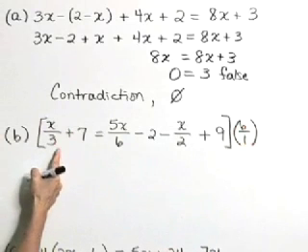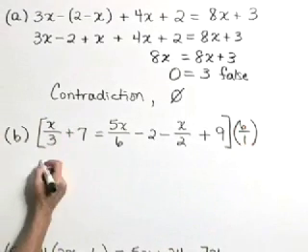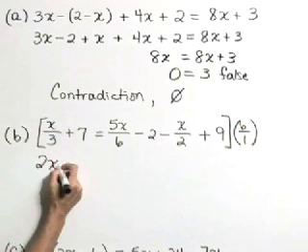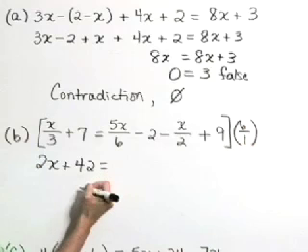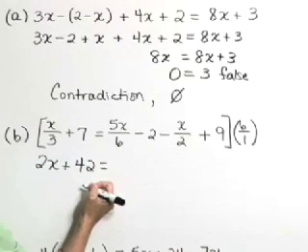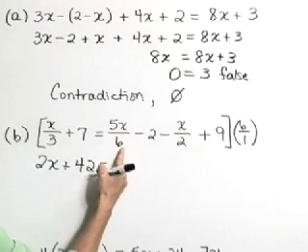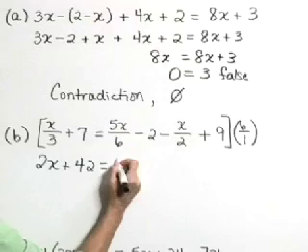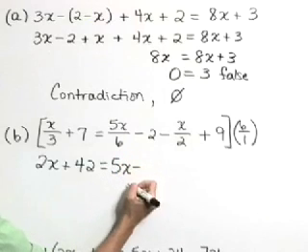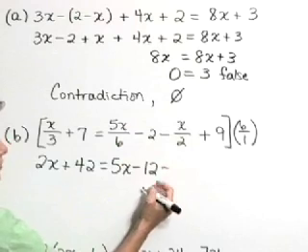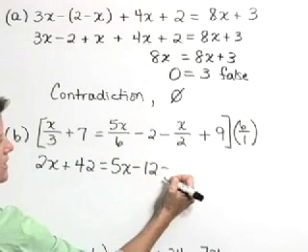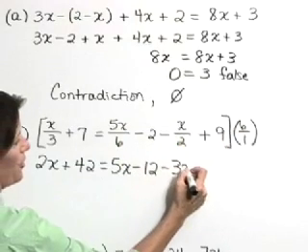So multiply times the first term, 3 goes into 6 twice, leaving 2 times x, plus 7 times 6, or 42, is equal to 5x over 6 times 6. Here the 6's cancel, leaving 5x, minus 2 times 6 is 12, minus 2 goes into 6 3 times, leaving a 3x there.